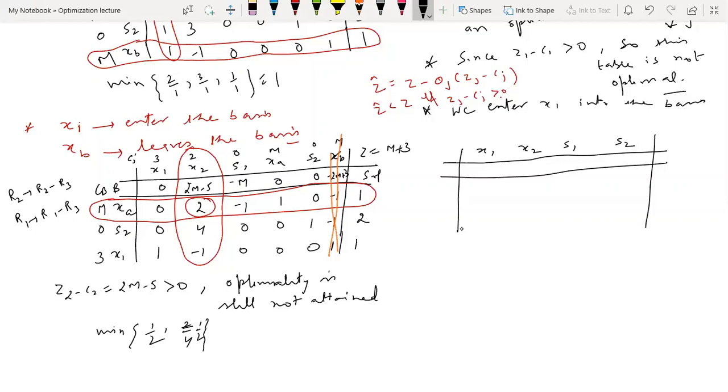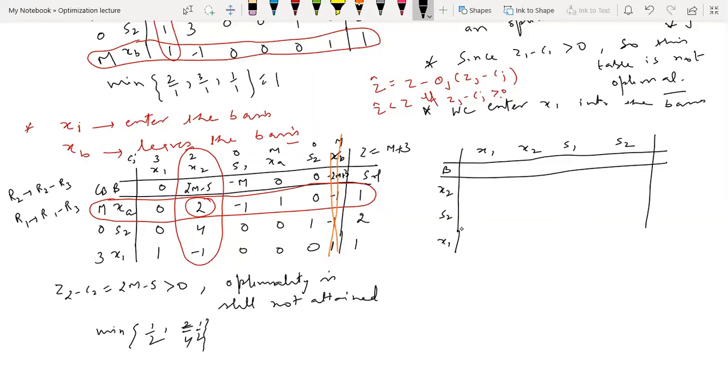If you remove these columns, you won't be able to calculate the inverse later. So if in some problem you need the inverse, you need to keep them till the end of the problem. So what is my basis here? My basis is again x2, s2, x1. And again my pivot is 2.